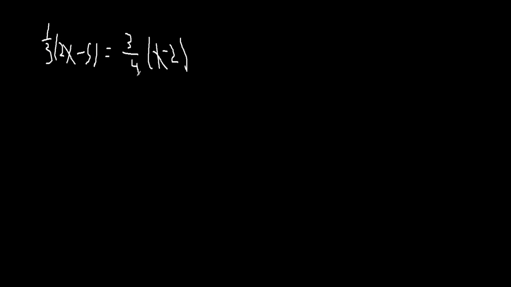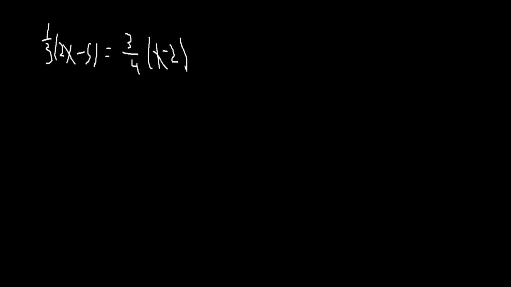We have 3 and 4. So we have to take the lowest common multiple, and our multiples of 4 would be 4, 8, and 12. Of 3, it's 3, 6, 9, 12, 15, 18. But as you can see, 12 is our lowest common multiple.